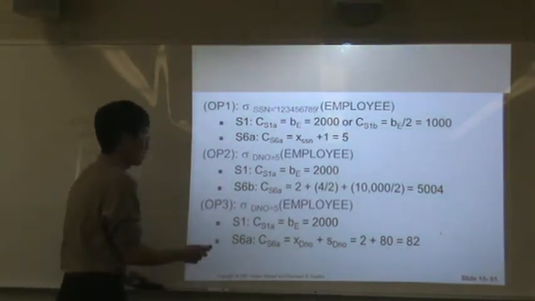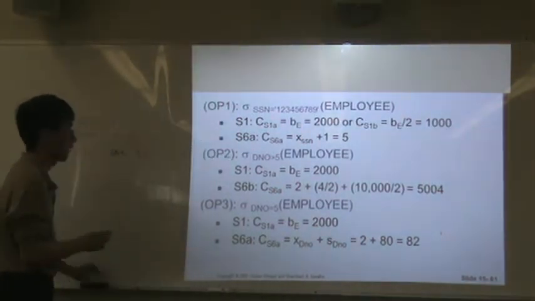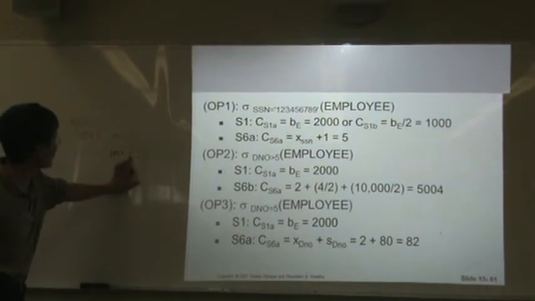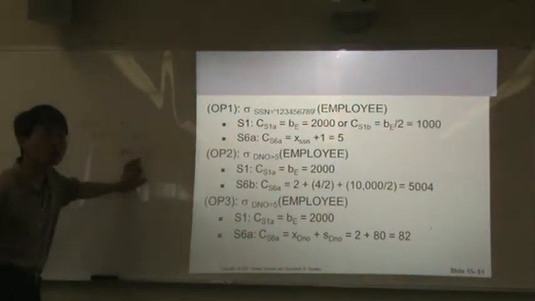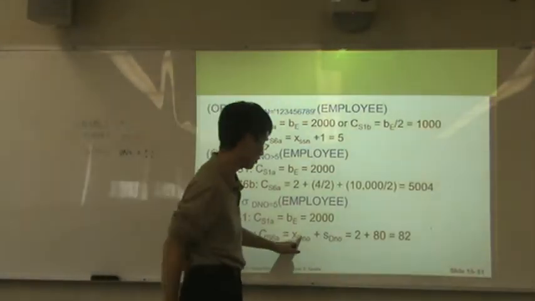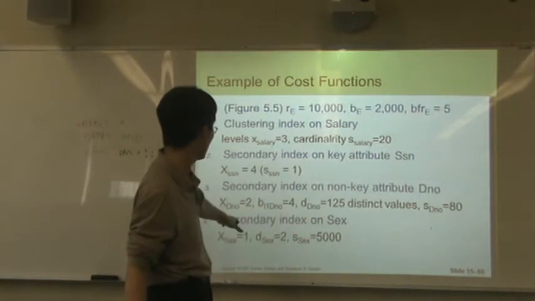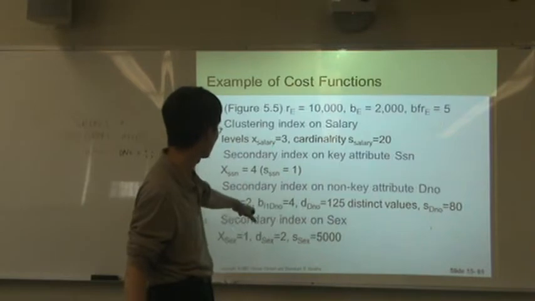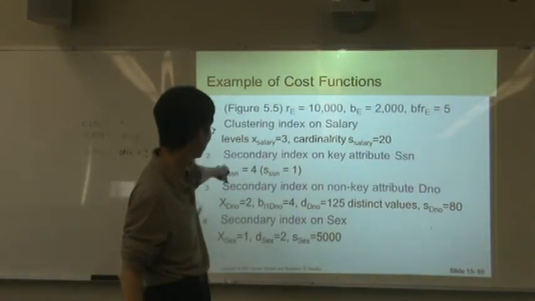The third one is DNO equal to 5. The only difference is the operator: inequality instead of equality. So brute force is 2,000. In case of equality, it's x plus s.